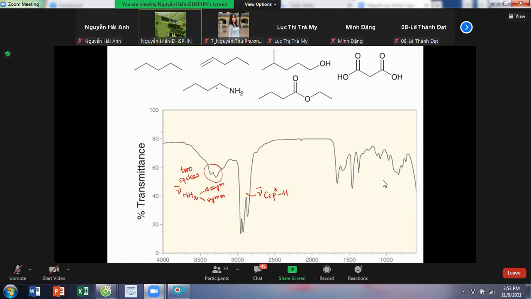So the last structures. Both of these are the last structures.